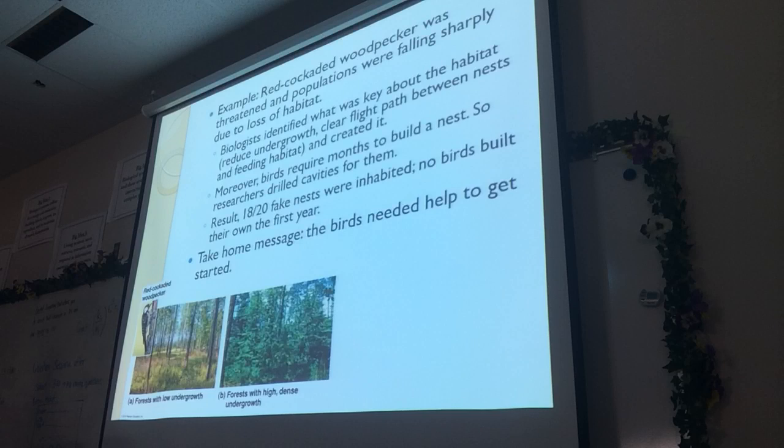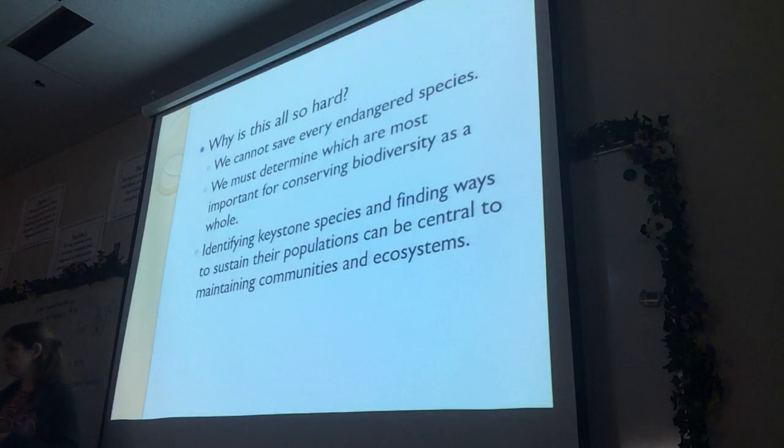There were no new nests, but 18 of the 20 were inhabited. And then the next year, they had new nests being built. So the scientists learned that in essence, the birds just needed help to get started. But once we gave them an opportunity to get started and reestablish that habitat that was ideal for them, they could take it from there. So it's just addressing the root problem rather than the result of the problem.